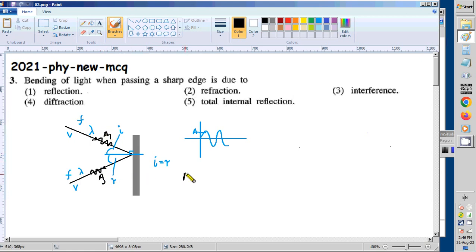So A2 is less than A1, because at this point when this incident ray falls, some energy is lost. Therefore this amplitude decreases like this. That is the thing we can discuss particularly in this.